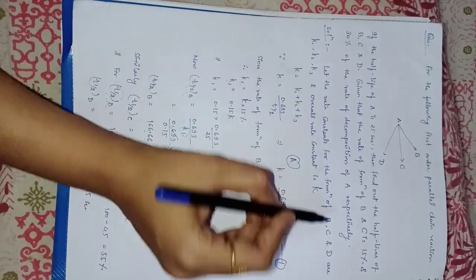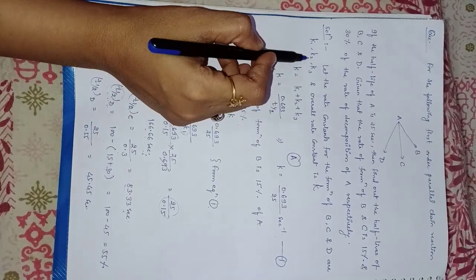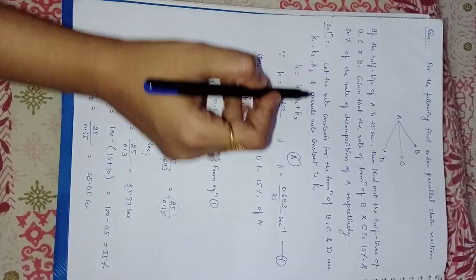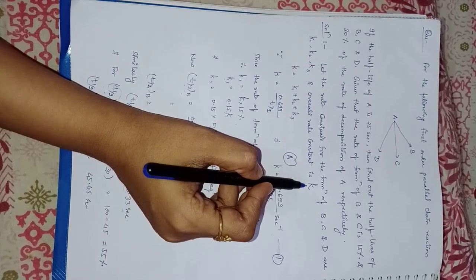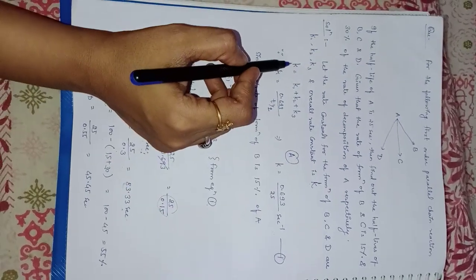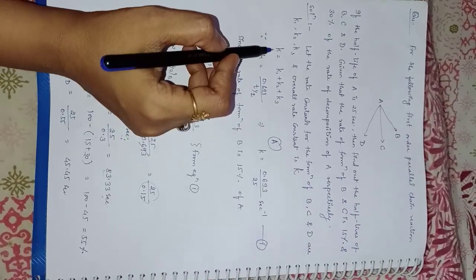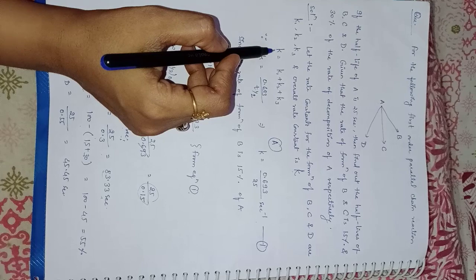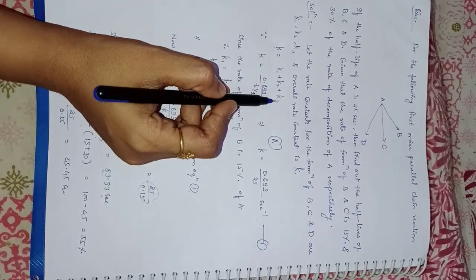Let us assume that the rate constants for B, C and D are K1, K2 and K3. So the overall rate constant is K. Now you already know that the value of K is equal to the sum of the different rate constants. That means the overall rate constant K is equal to K1 plus K2 plus K3.